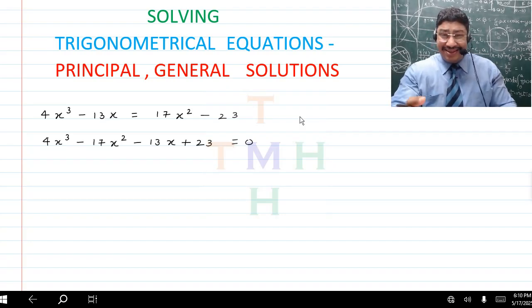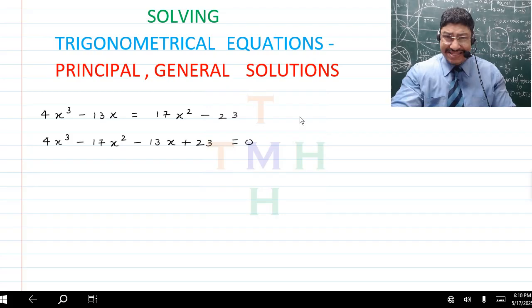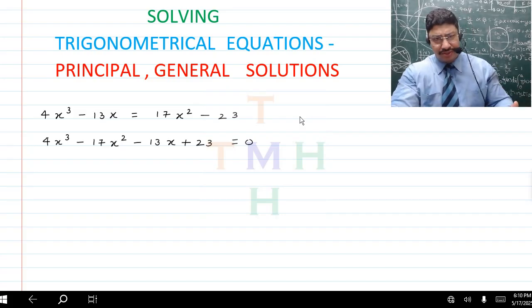Now what do we require to find out of an equation? We require to find those values of x, or any variable, which will make this equation always true. As everything else is on the left hand side and on the right hand side you have 0, when you get a solution and put it in this equation, you should be able to get 0 on both the sides, right?